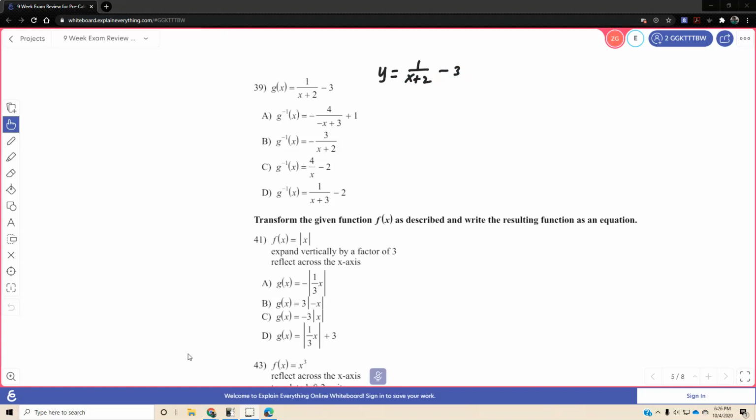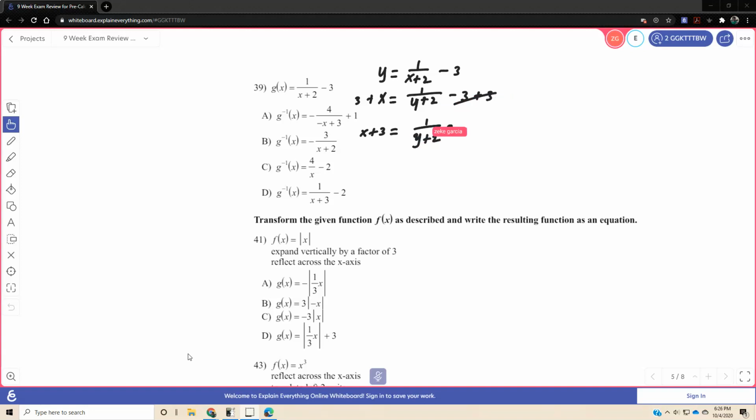We are going to switch the x and the y, so we have x equals 1 over y plus 2 minus 3. We're going to add 3 to both sides. So we have x plus 3 equals 1 over y plus 2.